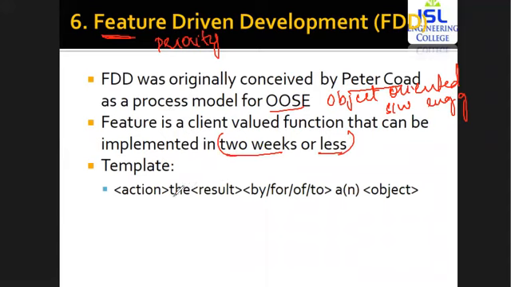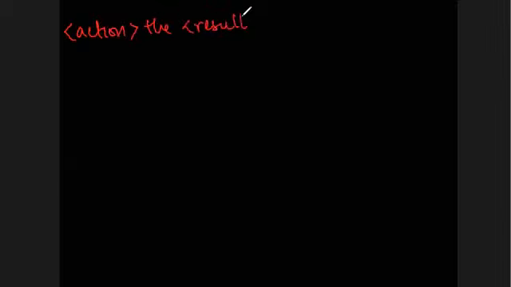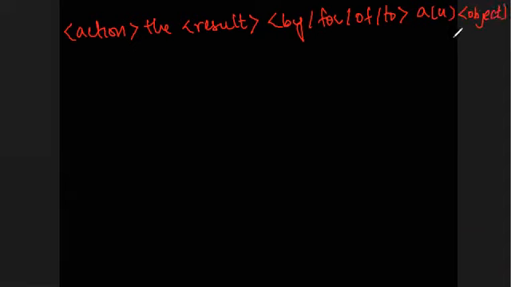The template it follows is the action that you're going to perform, the result, then by, for, of, to, then the object.